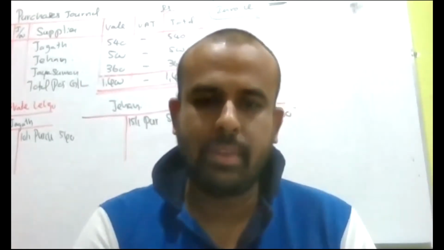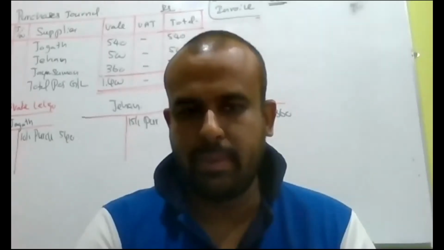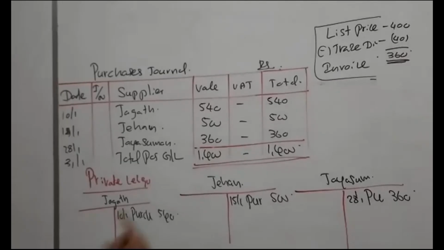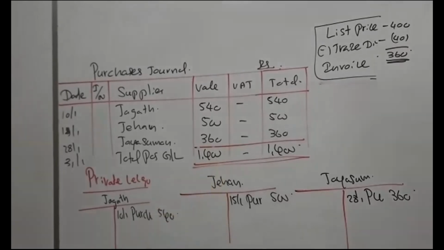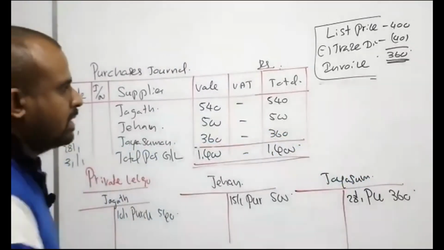Right. Now what are you supposed to do? After updating the transaction in the respective individual ledger accounts, this total is supposed to be copied to the general ledger. But what is the journal entry you need to pass when copying the total of the purchases journal to the ledger?